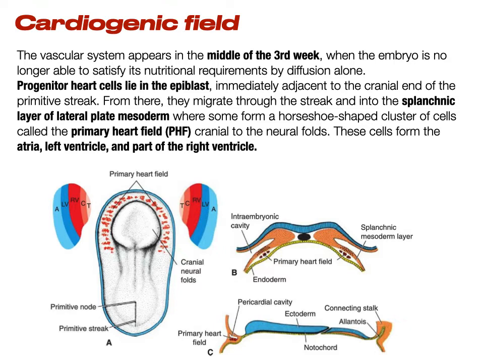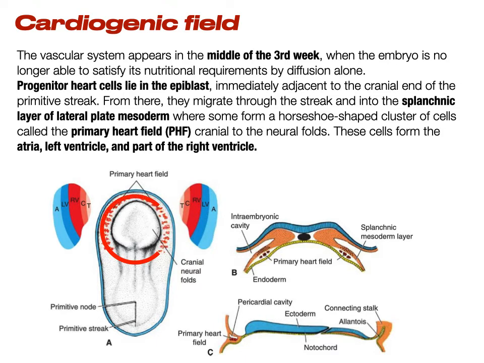Then figure B depicts a transverse cut where the primary heart field lies at both sides of the lateral visceral mesoderm. These cells will give rise to part of the heart that includes the atria, the left ventricle, and part of the right ventricle.